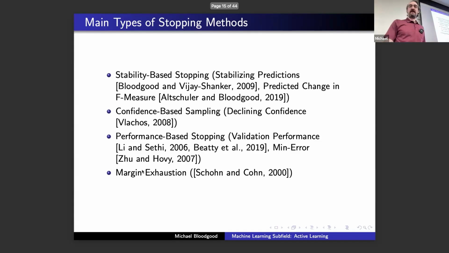So we have to keep that in mind. Or margin exhaustion, which historically is very important. If you look at these dates, it was one of the earliest ones, and it was a good method. The only problem with that one is it's limited to only machine learning algorithms that have a margin, like support vector machines. So it's limited. It can't be applied more widely.